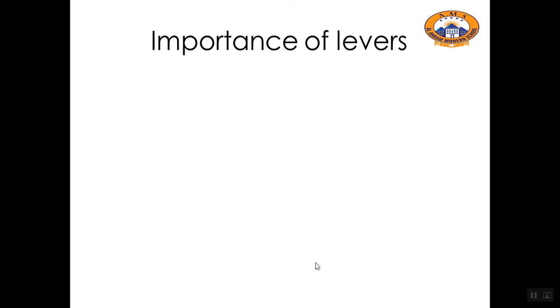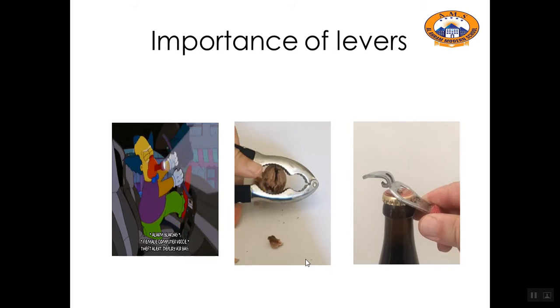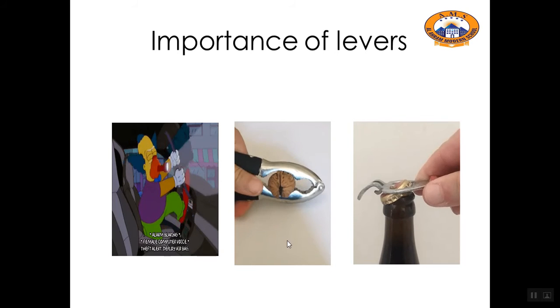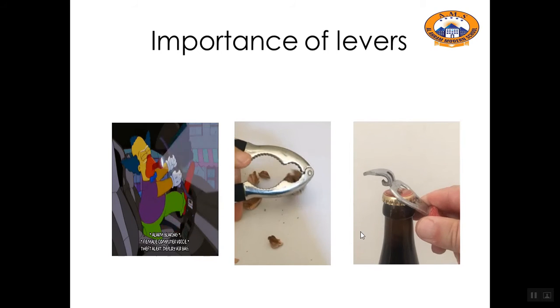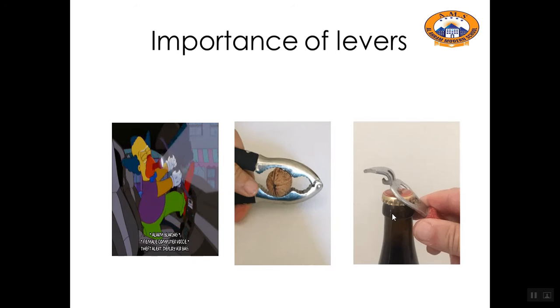Well, I told you before that the levers are important because they help us to perform the tasks easily. But how? Some levers help us to increase the force. For example, the bottle opener, it's easier for us to use it instead of using our hands to open it.